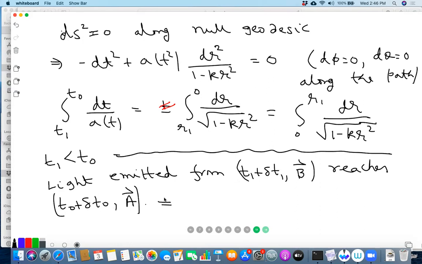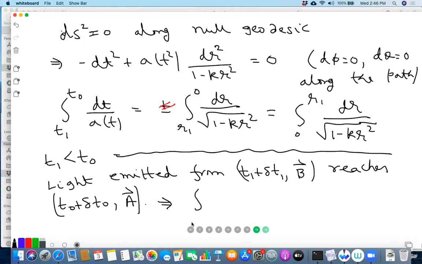Okay, so this then will give a similar equation as this one, except that t1 will be replaced by t1 plus delta t1 and t0 will be replaced by t0 plus delta t0. This side will not change because it's starting at the same spatial points.